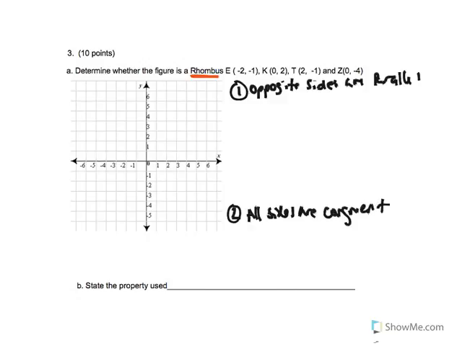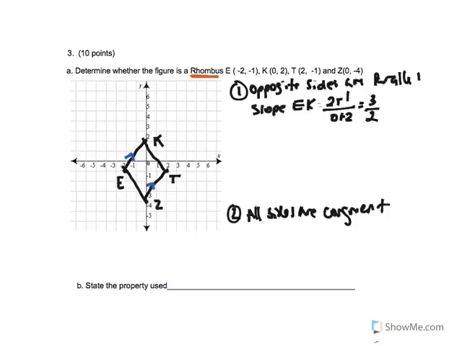So let's plot our points here. And we will get a shape that looks like this. So remember what I said, you always start by proving opposite sides are parallel. So let's first try to prove that EK is parallel to ZT. So we write out the slope of EK is 2 plus 1 over 0 plus 2, which gives us 3 over 2.